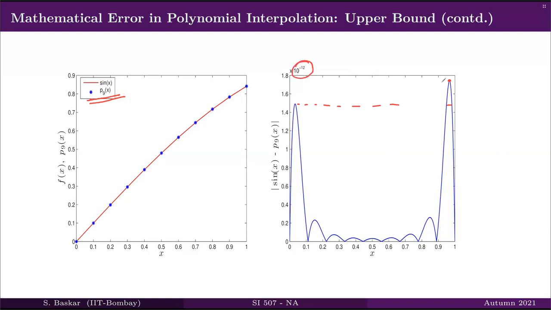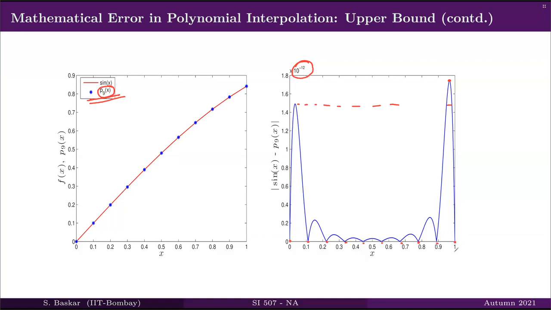So it's much less than P2. And you can also see from the error plot what nodes I have chosen to generate this polynomial P9. The nodes are x0, x1, x2, x3, x4, x5, x6, x7, x8, and x9.